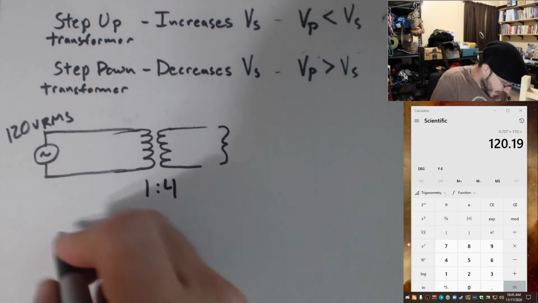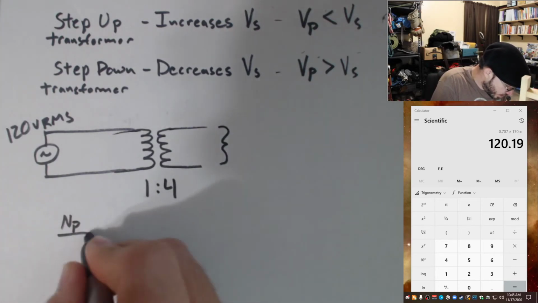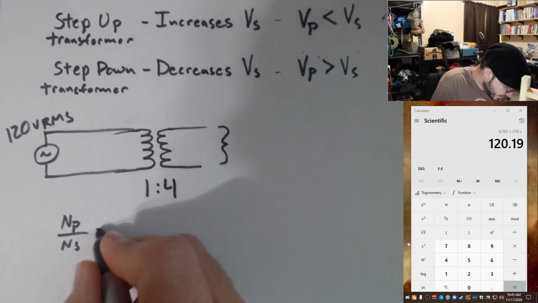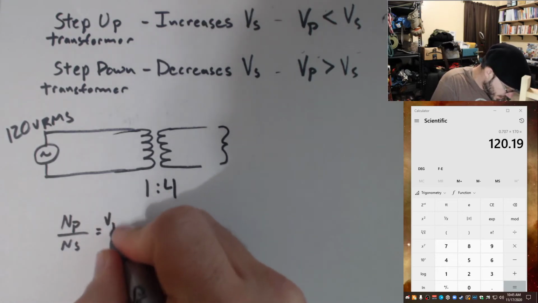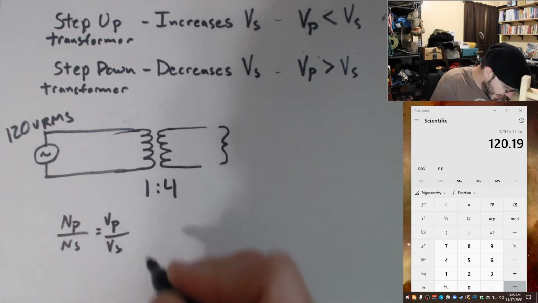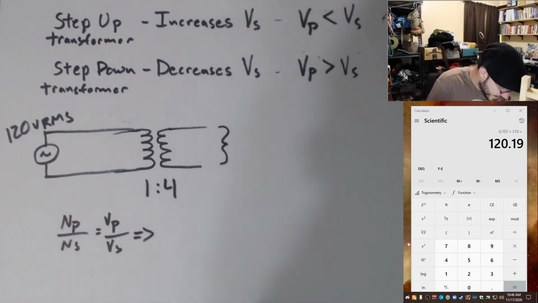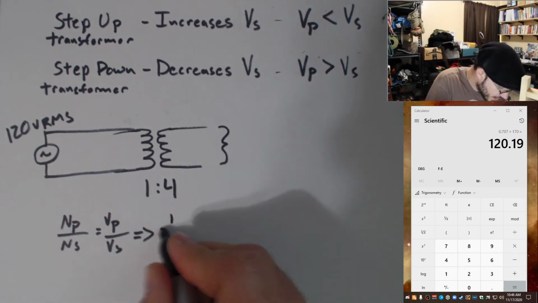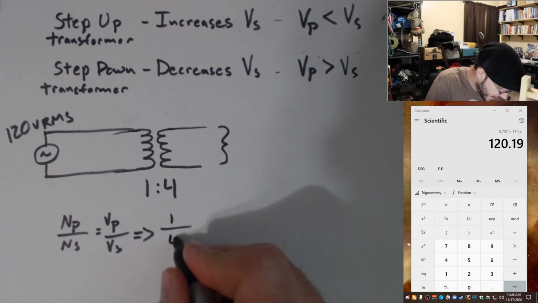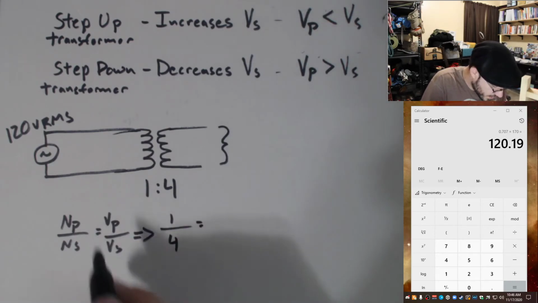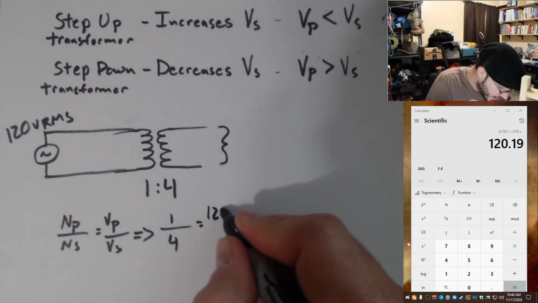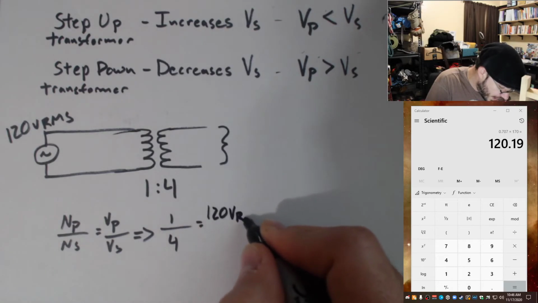We can say NP over NS equals VP over VS. And so I can say the number of turns on the primary is 1, the number of turns on the secondary is 4, equals the voltage on the primary, which is 120 volts RMS.